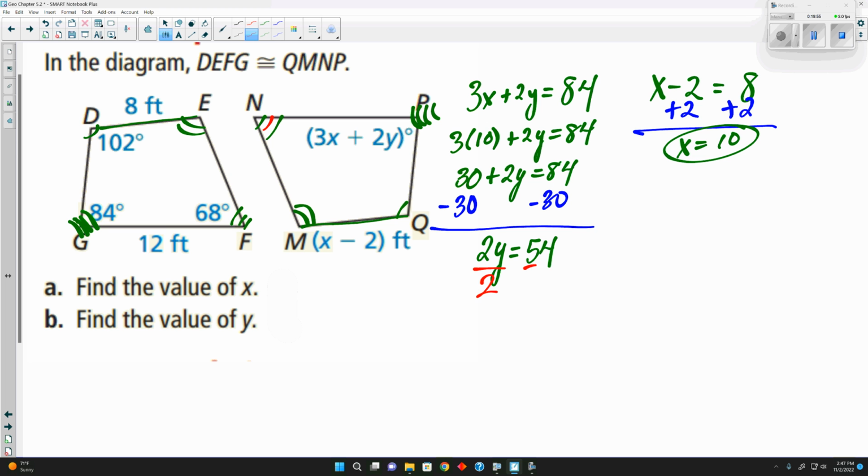Divide both sides by 2. 44 would be 22. Any questions on any of this here? I do that just to kind of keep the numbers organized. Any questions on any of this here? We good with this here?